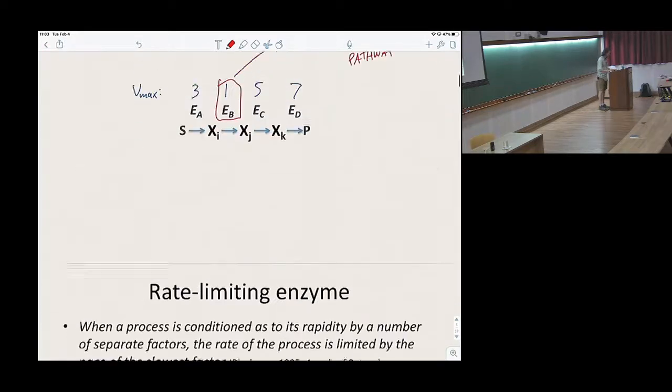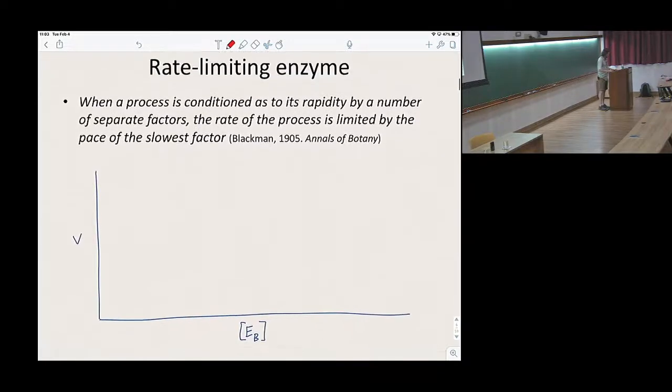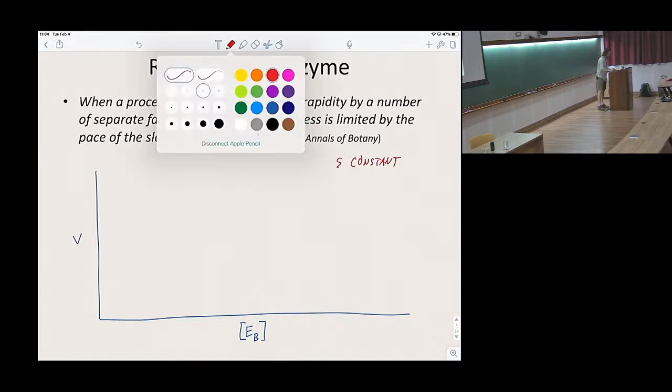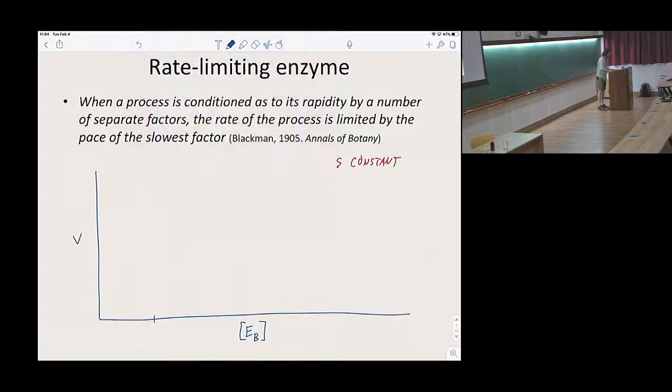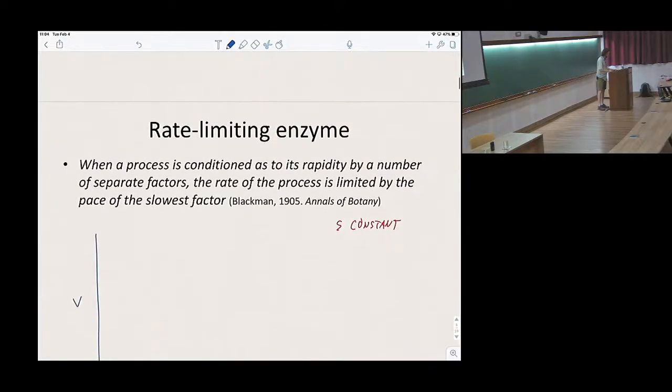All right, and what this would look like visually is, now we're going to have S constant. And what if we just change levels of enzyme B? Where were we? We were at a concentration of 1. Remember, they were 3, 1, 5, and 7.